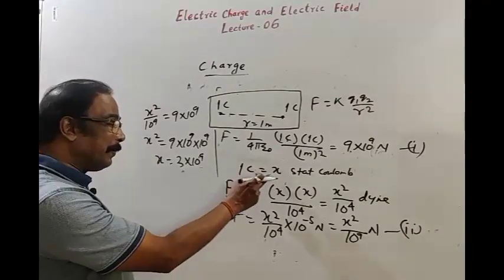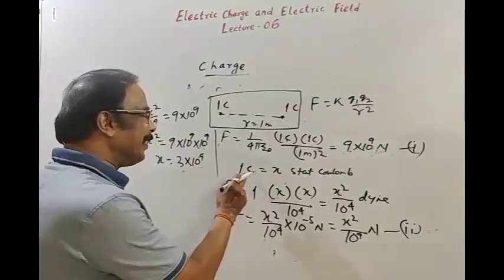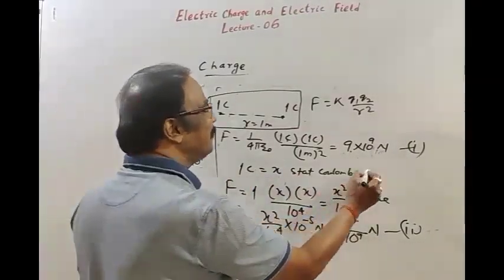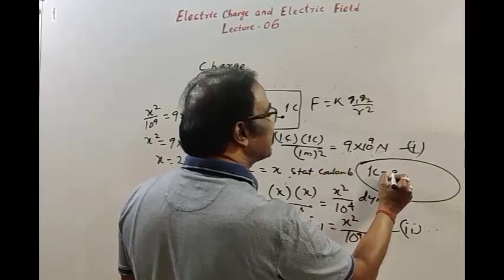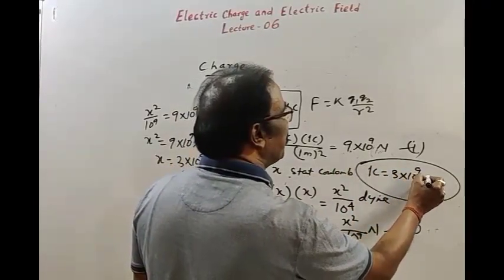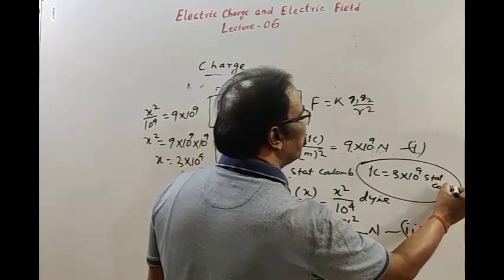As we have assumed, 1 Coulomb is equal to x stat Coulomb. So I may write here 1 Coulomb is equal to 3 into 10 to the power 9 stat Coulomb or ESU of charge.